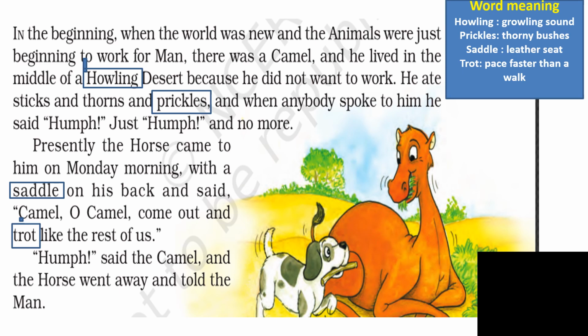At this, the camel answered, hump, and the horse went away and told the man. Because the camel did not answer in a positive way, the horse became angry with the camel and went to the man, because the man was the owner of all the animals.